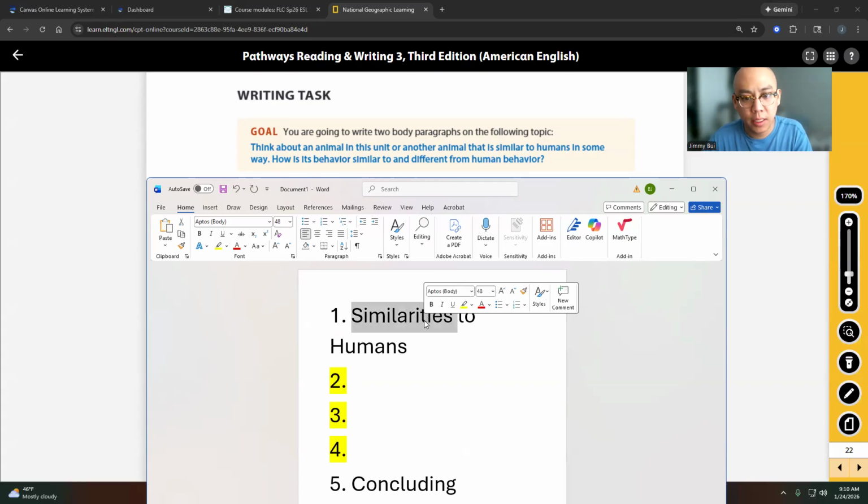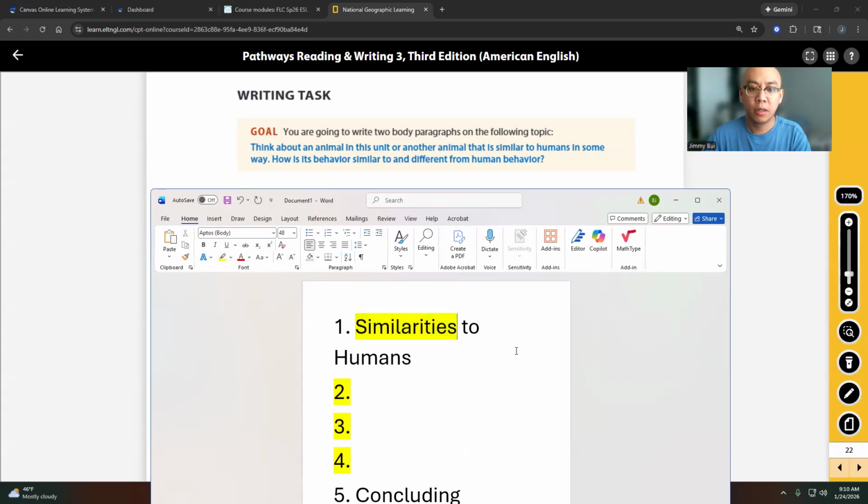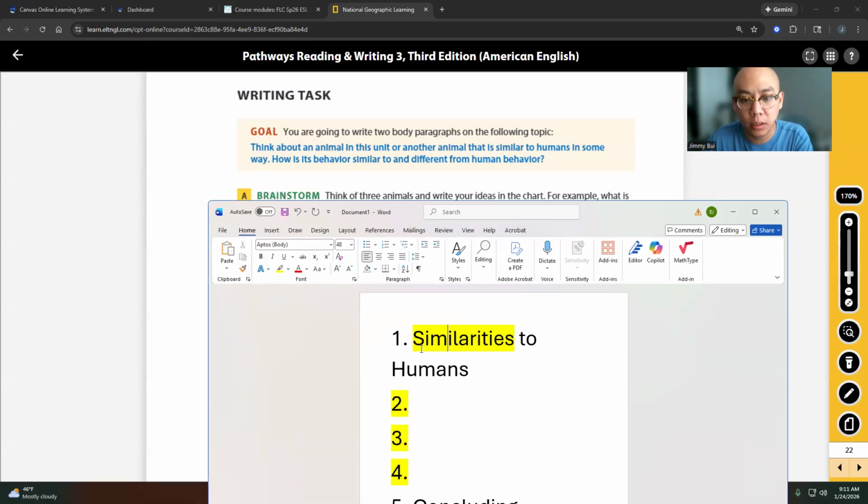This is going to be our big idea. What does similarities mean? It means having things that are the same. An animal in unit one that I will focus on is dogs. Similarity to humans, I'm just going to put here dogs.